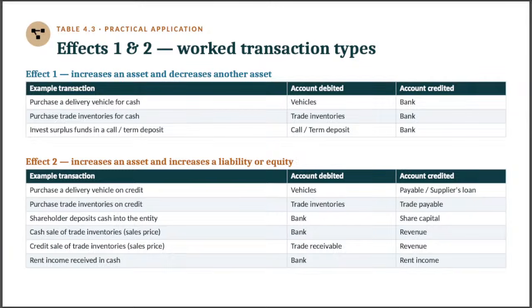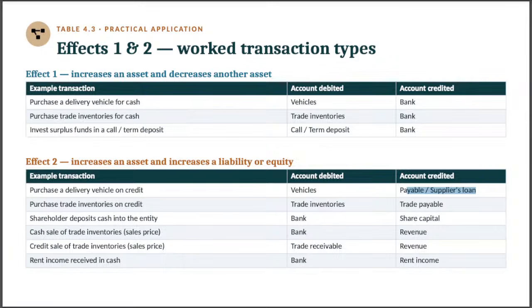It's an asset. It goes on the left side, a debit. However, this time we're crediting a different account. We do a payable, a supplier's loan. That's on the credit side because we increase that account, and it's a liability account this time. This is on the payables here.